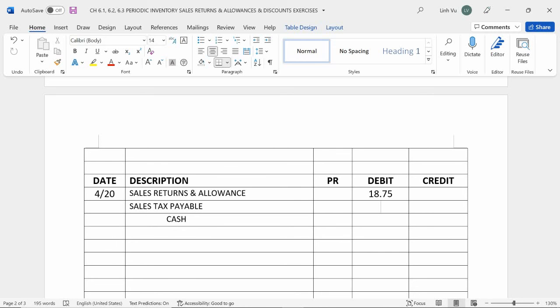Correct. 1934 is going to be this total here. How much of that is actually sales tax?